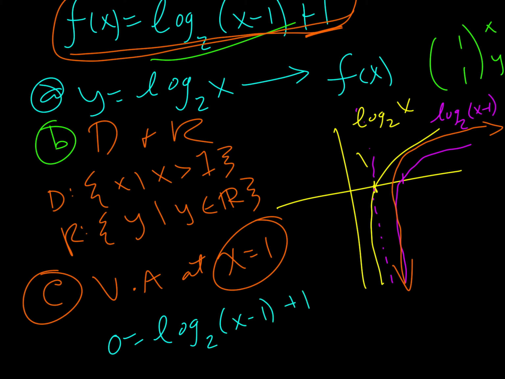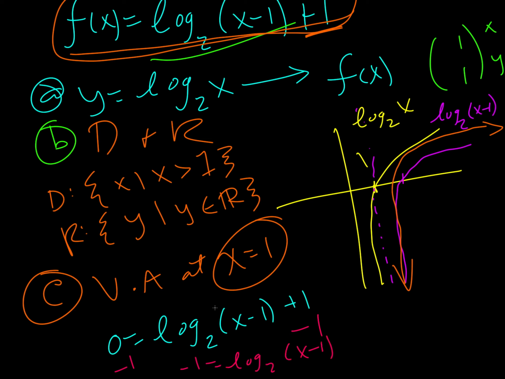When we do that, we subtract 1, so we get negative 1 equals log base 2 of x minus 1. Now to get rid of log base 2, we do a big 2 on both sides. So we get 2 to the negative 1, these cancel, equals x minus 1. This is really just 1/2.